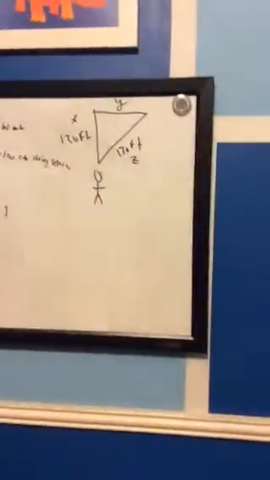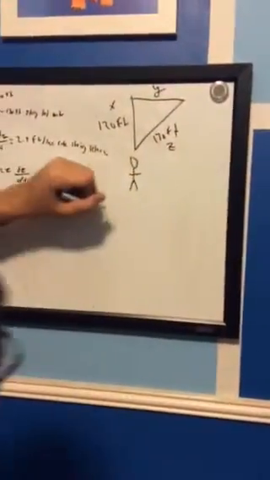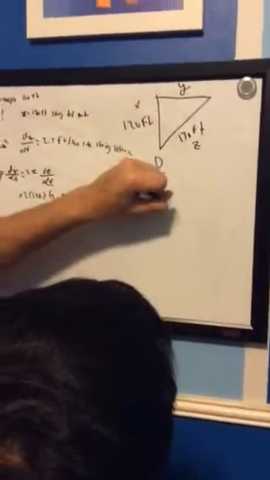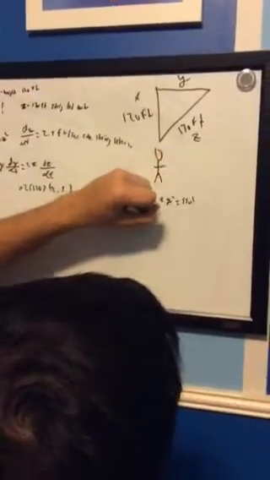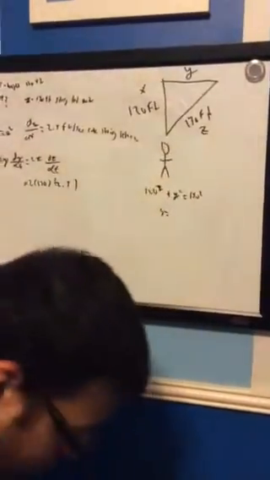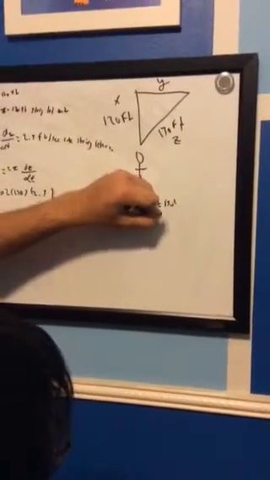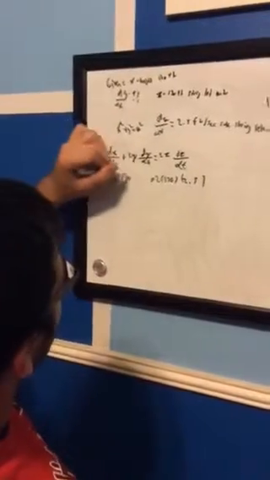The x is 120, 2 times 120, plus, if we use the Pythagorean theorem, we can figure out y, right? 120 squared plus y squared is equal to 130 squared. So y is going to equal 50. I already have this calculation done, I'll just do it to save time. So 2 times 50.